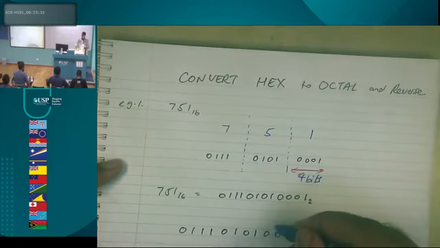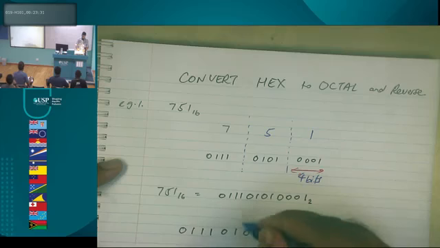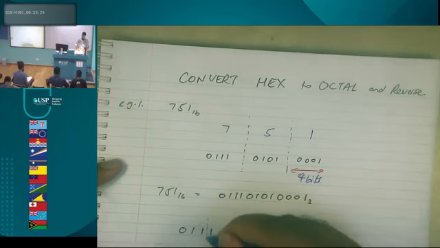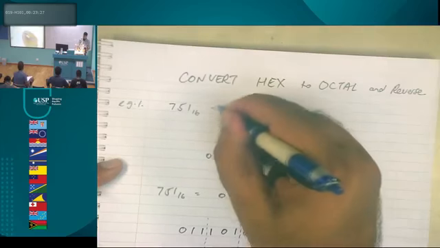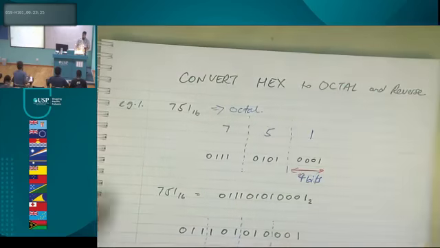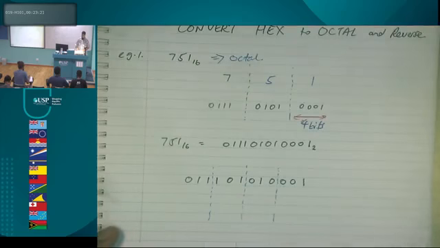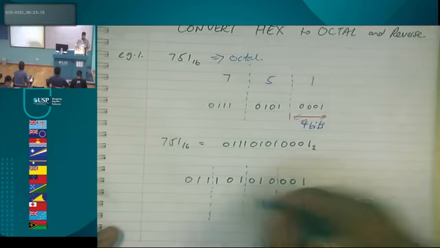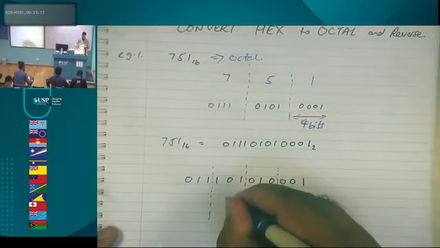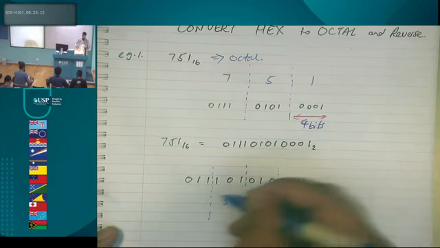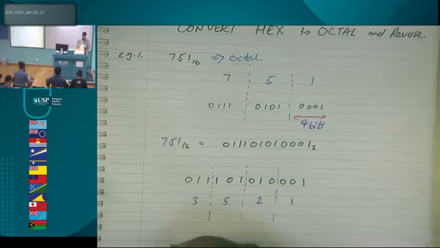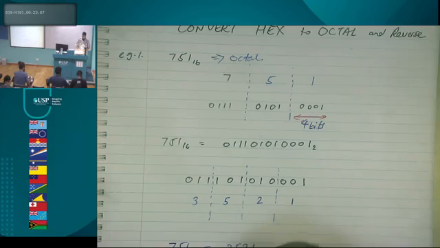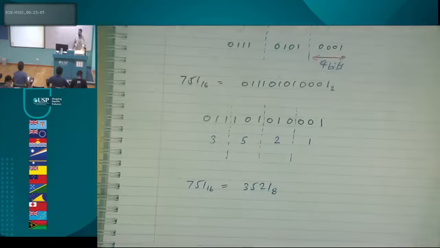Now, we have to partition into 3 bits because our eventual destination, maybe I should have written it, is convert to octal. Now we partition into 3 bits. 001 is 1, that is 2, that is 5, that is 3. So we find that 751 base 16 is equal to 3521 base 8. Right? Does that contradict the answer in the previous section?